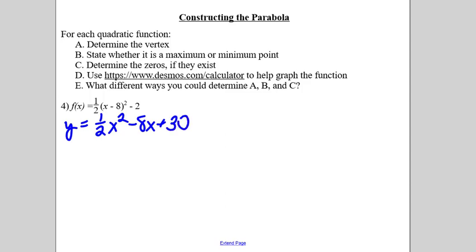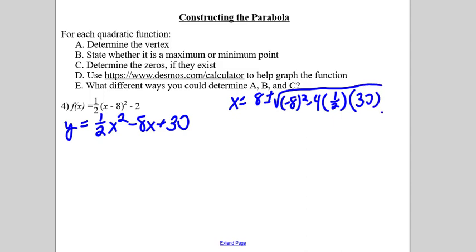So negative b, I'm going to put it here, x equals negative b, so that's 8 plus or minus the square root of negative 8 squared minus 4 times a is 1/2, and I'm leaving this fraction because 1/2 is easy to deal with, and then c is 30, all over 2 times a, which is 1/2.